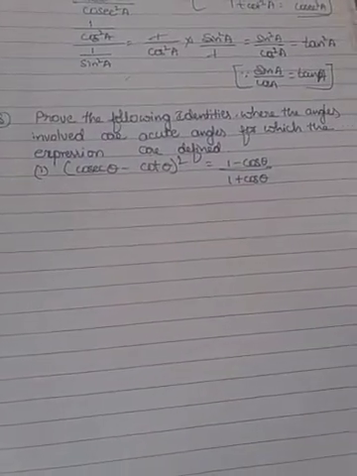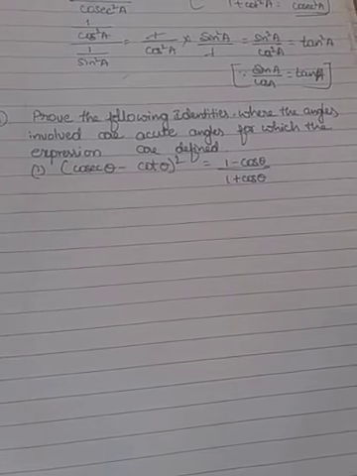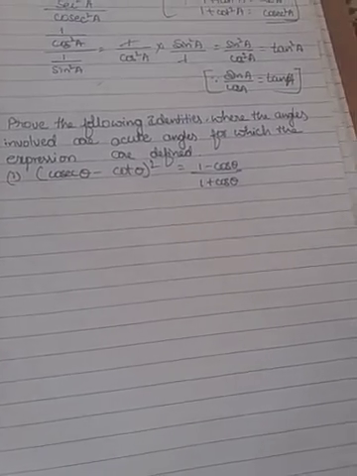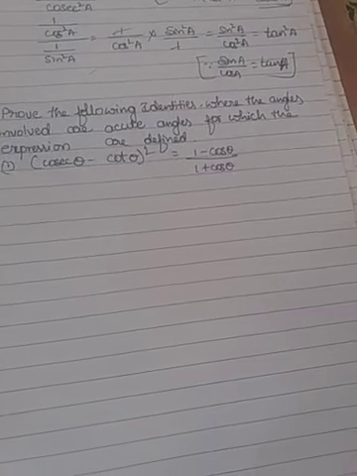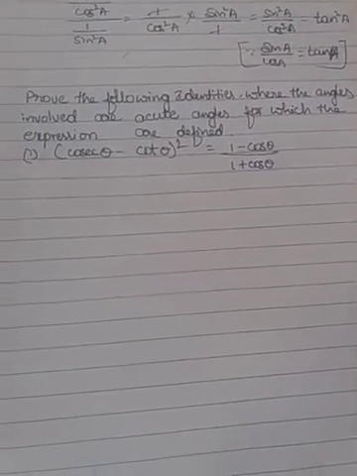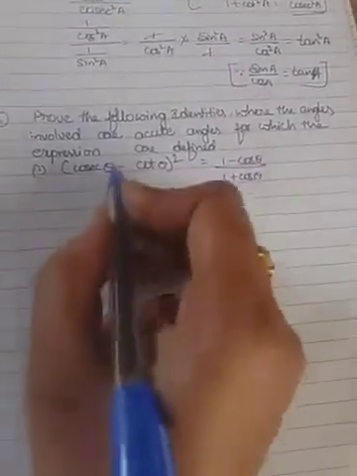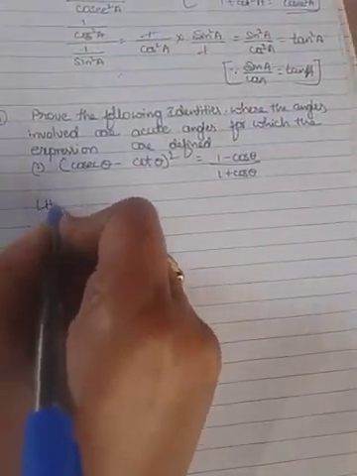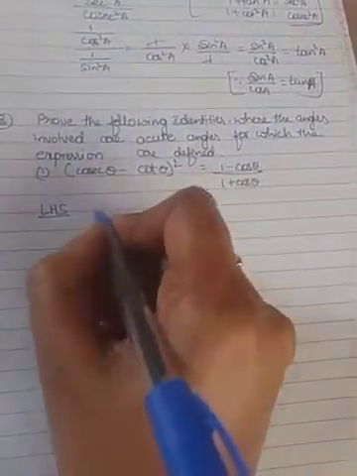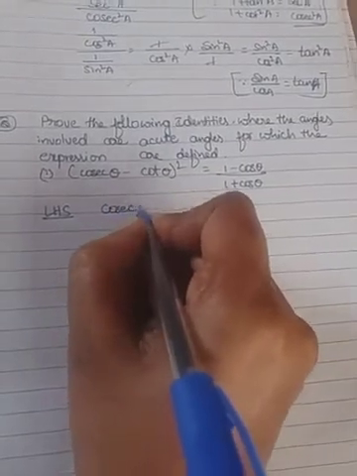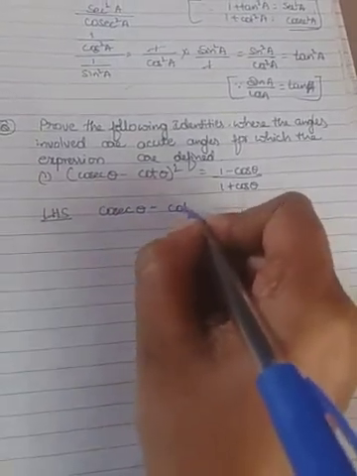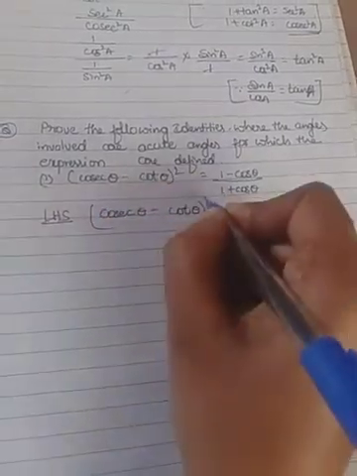First one: (cosecant theta minus cot theta) whole square equals (1 minus cos theta) divided by (1 plus cos theta). We want to prove this. Let us take LHS first. LHS is (cosecant theta minus cot theta) whole square.